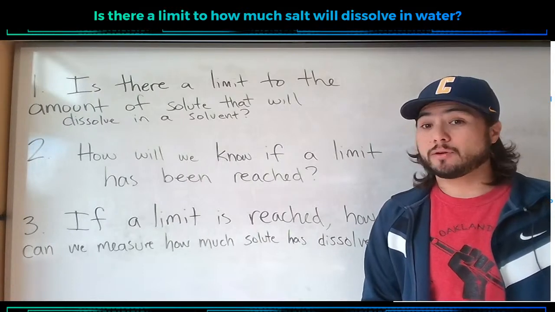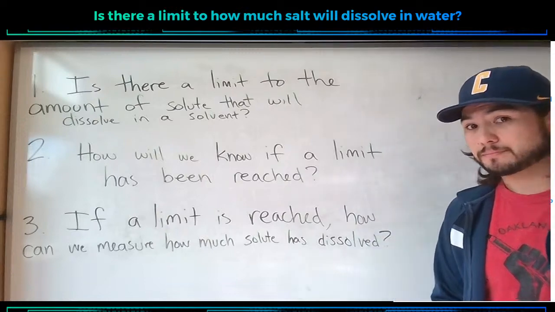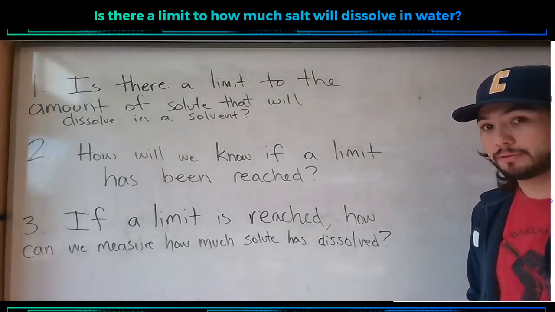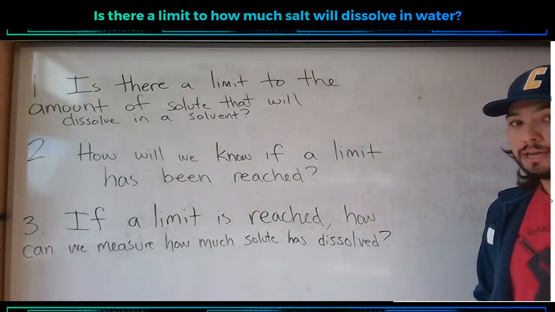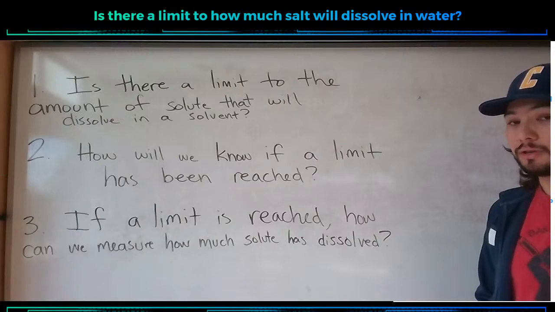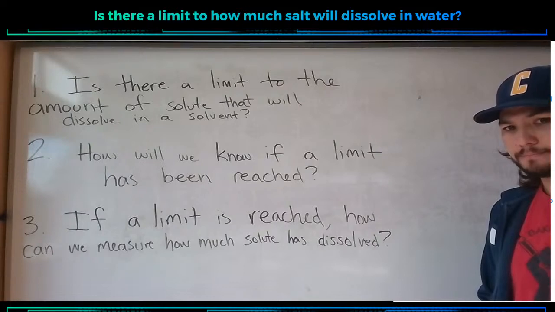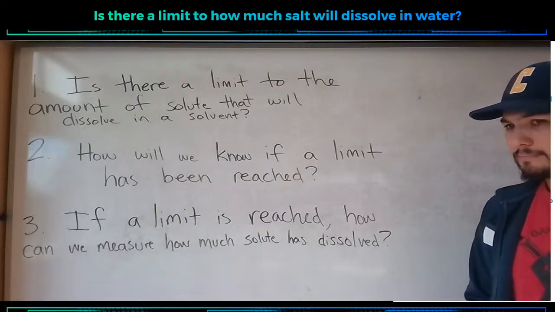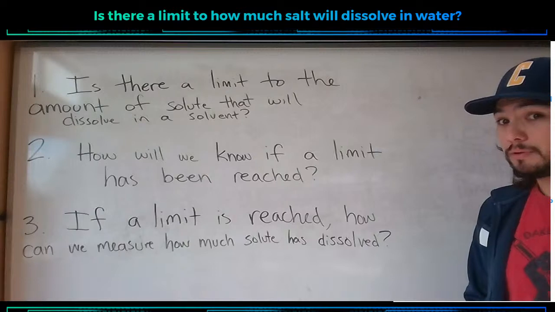Okay, and if you have an answer for number 3, or a possible method, if a limit is reached, how can we measure how much solute is dissolved? Go ahead and drop that in the chat, because we are going to explore that in a second.